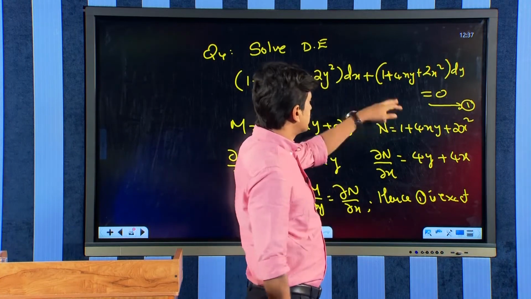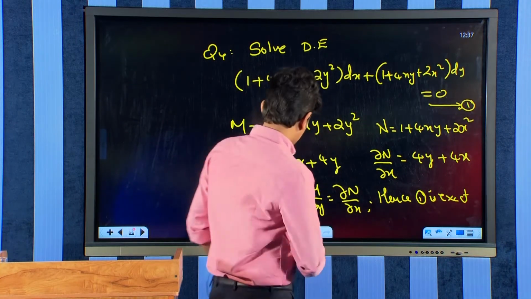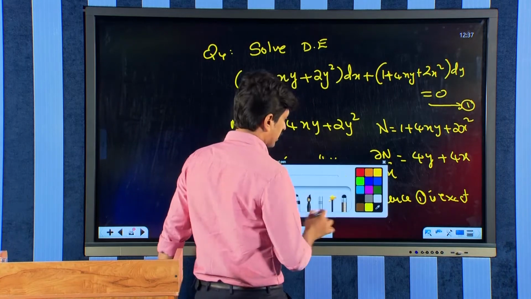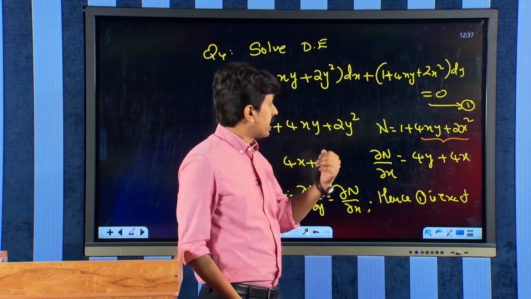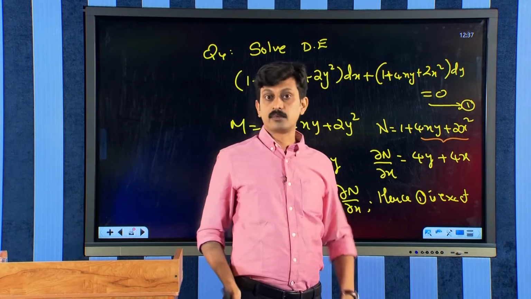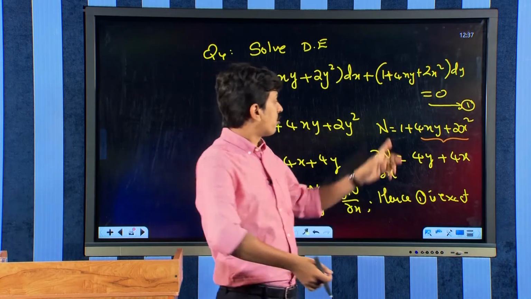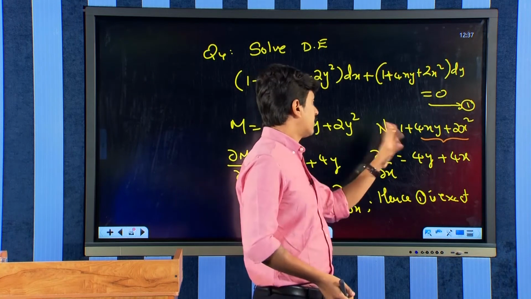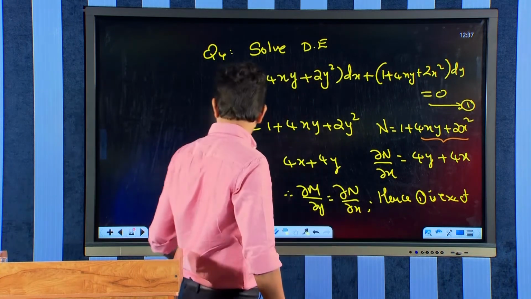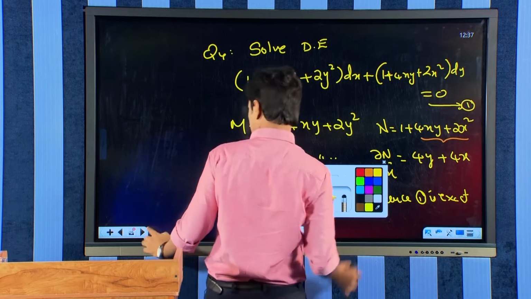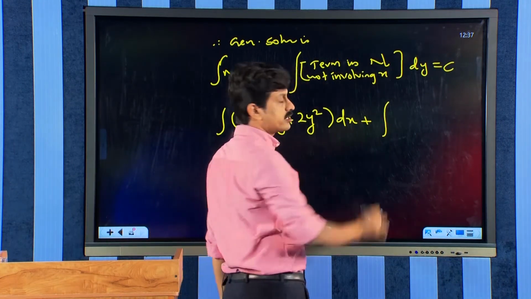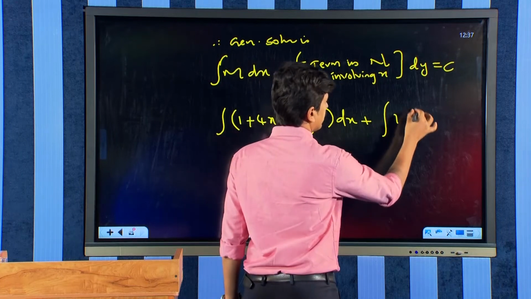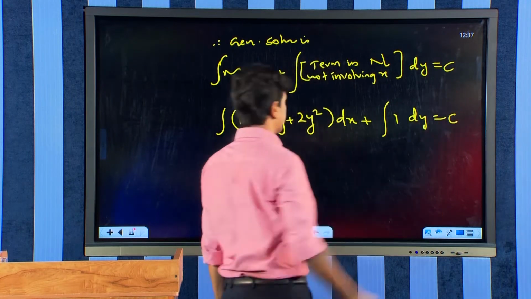Here in the second and third term, everywhere it involves x. Therefore, we can neglect the second term and third term because that involves x. So, only the term not involving x is the 1 only. Therefore, we can write this as plus the terms in N not involving x, that is the 1 only, dy is equal to c.